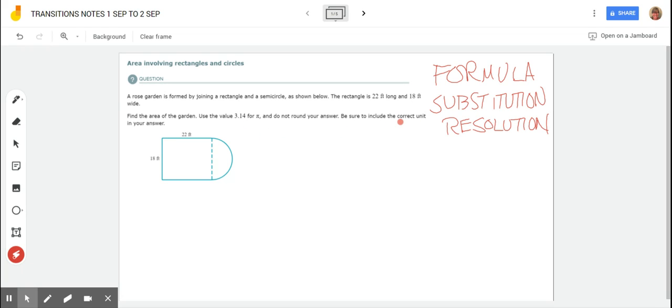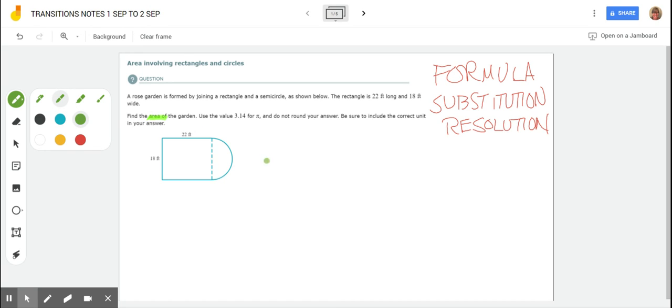Be sure to include the correct unit. Remember, if it's area, it's always going to be squared, whatever unit squared.